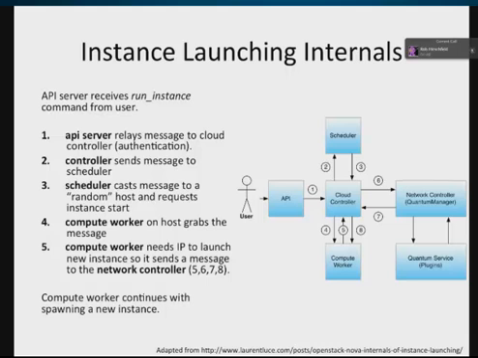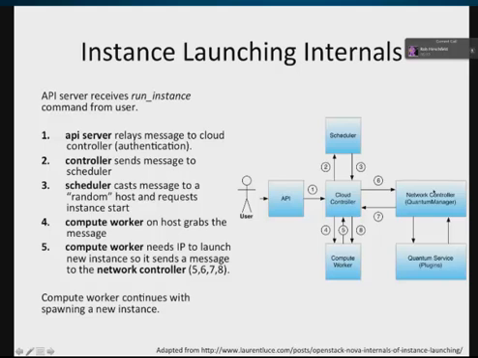So the cloud controller then sends the message to the scheduler to decide which host this instance is going to run on, and then it sends a command to that host. So then the compute worker, number 4 here, has the command that it wants to start up an instance. The compute worker then fires back a command into the cloud controller, which ends up with the network controller.